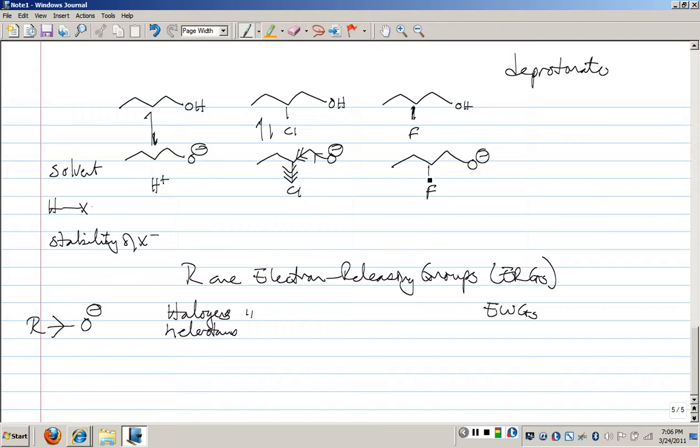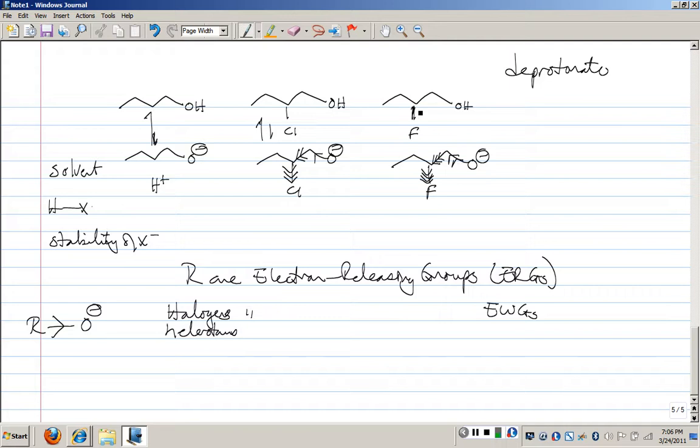Obviously, fluorine is more electronegative than chlorine. So fluorine's ability to draw electrons from the carbon is even greater. This will therefore draw more electrons from this carbon, draw more electrons from the O. So the more electronegative atom is more effective at bleeding electron density from the O, and therefore delocalizing the charge even more effectively. So there's a greater delta minus charge on the fluorine than there was here, which means the charge on the O is going to be less.